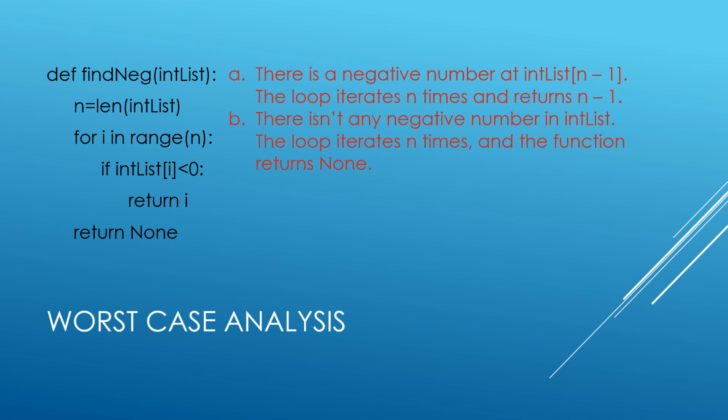But if we are progressing through case B, we will spend O(1) time on the first line n equals len of int list, O(n) time on the for loop and its body, and O(1) time on return None. O(1) plus O(n) plus O(1) is O(n). So the worst case running time is O(n).